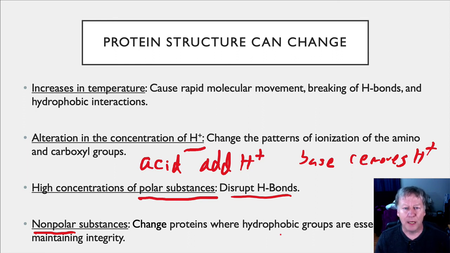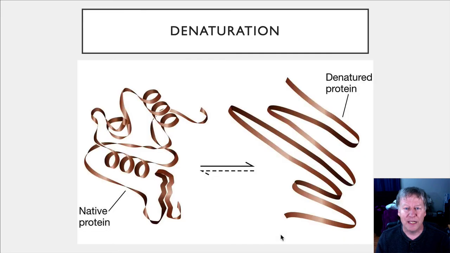The reason I'm bringing up all these changes in shape in protein is because there's a really important concept that shows up on the AP test multiple times every year: denaturation. Proteins are very important molecules, and as you can see here on the left-hand side, we have a protein that has a very unique shape. You can see some alpha helixes, beta-pleated sheets in there.